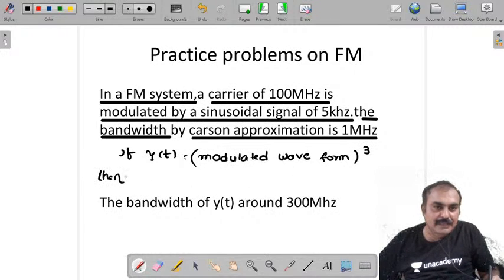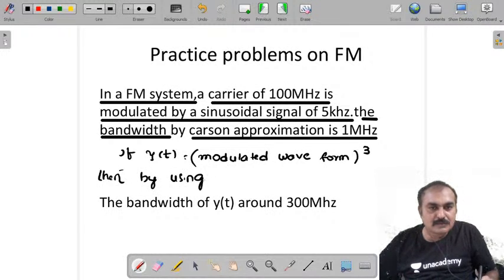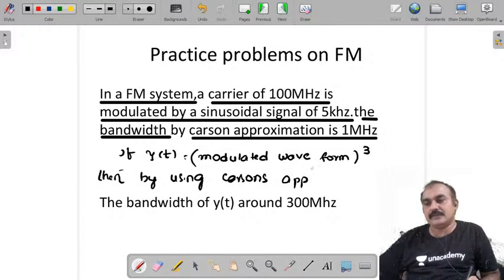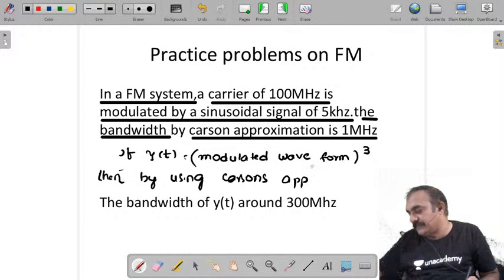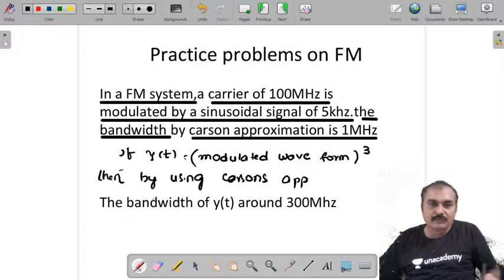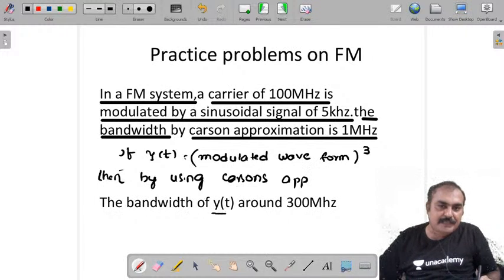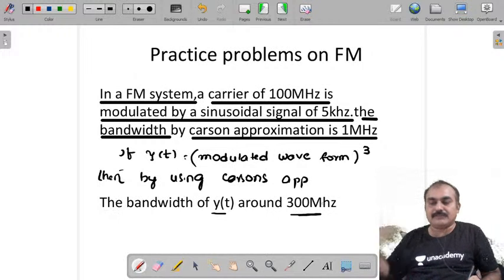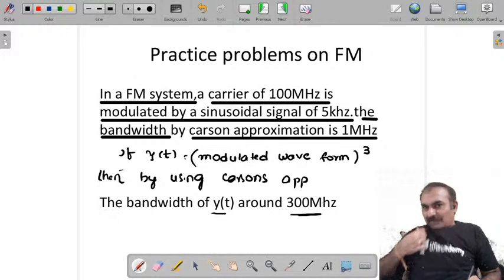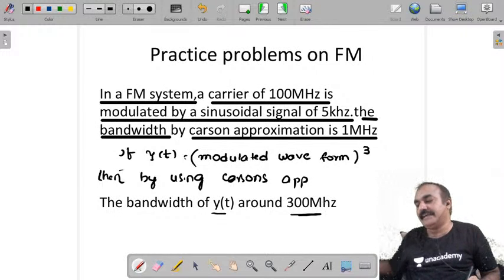Then by using Carson's approximation, you get the bandwidth of y of t around 300 megahertz, my dear students.